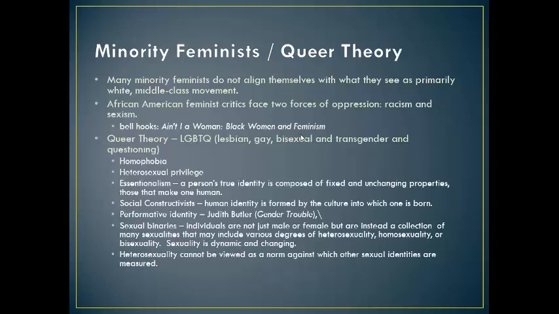A really powerful book was written by the critic bell hooks, who, as you look at that name, it looks like it's a typo, that her words are lowercase, but it's not. That's how she writes her name. She wrote a really important book called Ain't I a Woman?